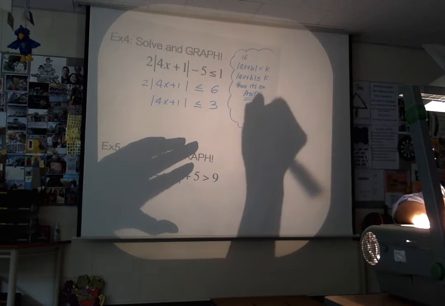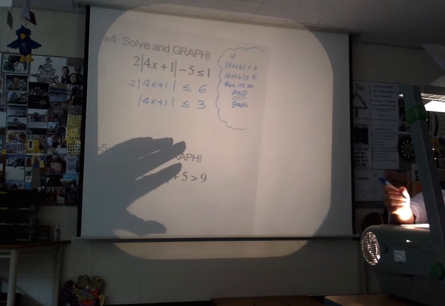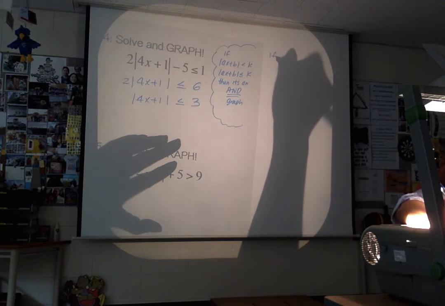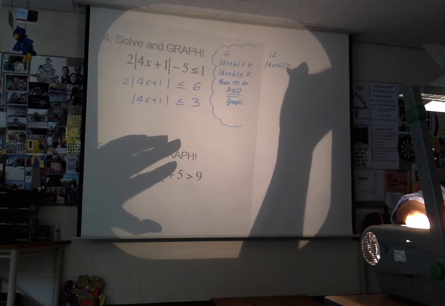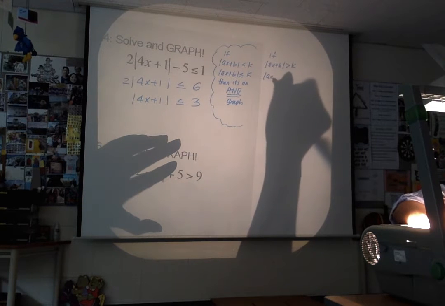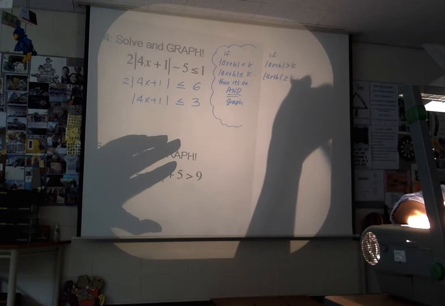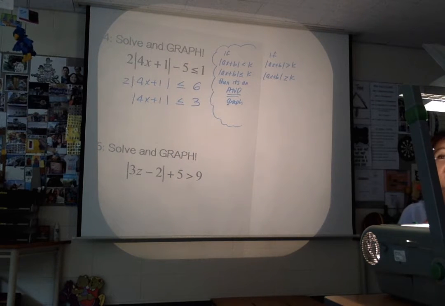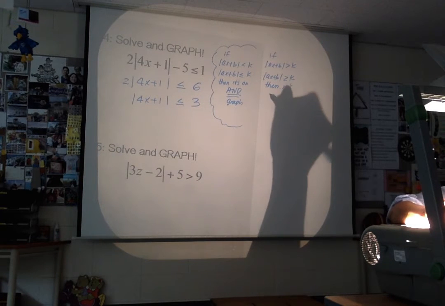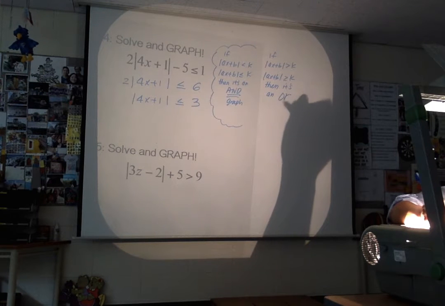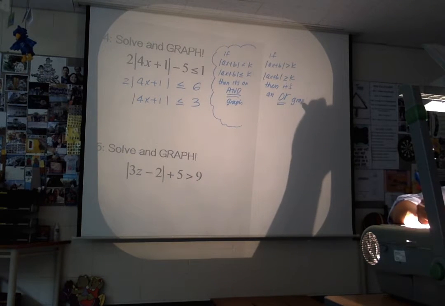But if absolute value of ax plus b is greater than k, or greater than or equal to k, this is what you need to put on your extra notes, on your notes section for 1.6. Then it's an or graph.